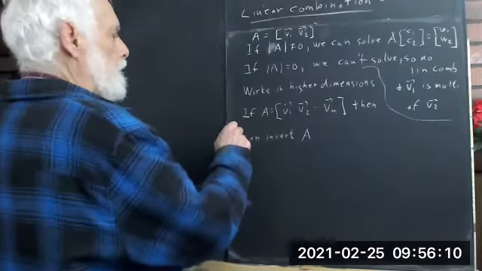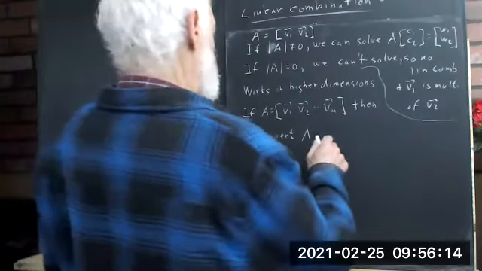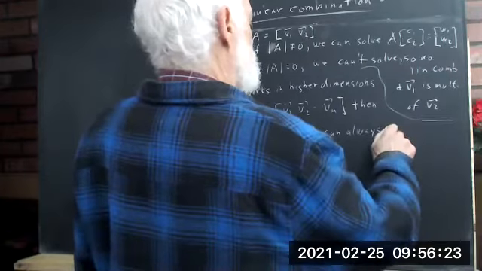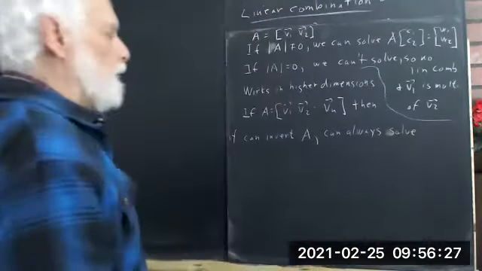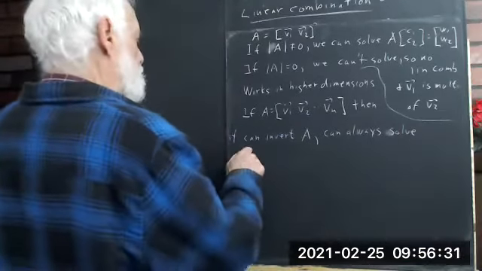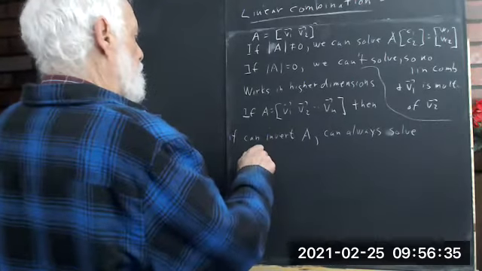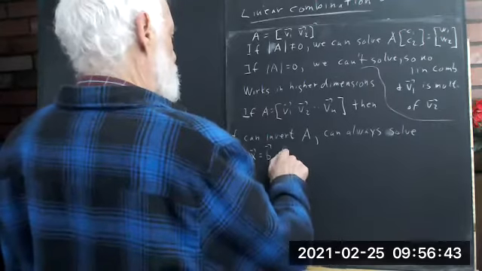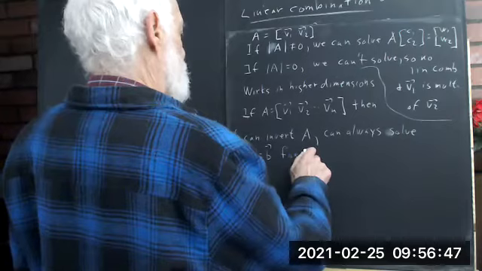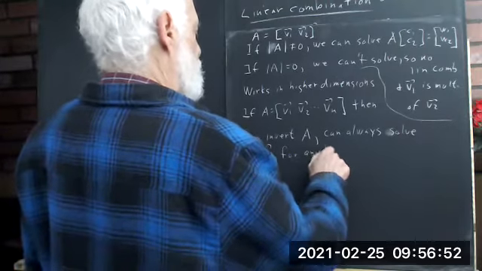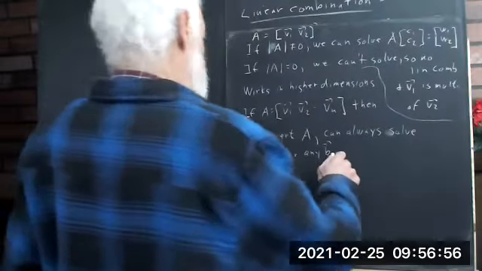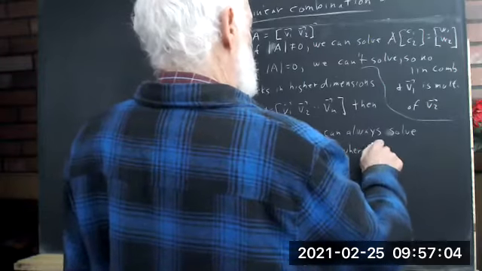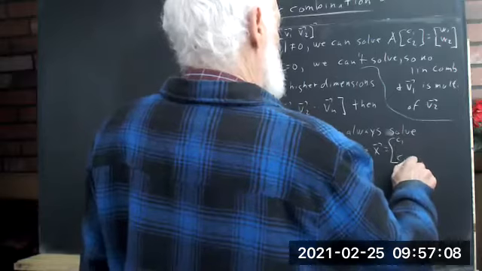Then if you can invert A, then you can always solve the matrix equation AX equals B for any B of length n, for X equals C1 through Cn.